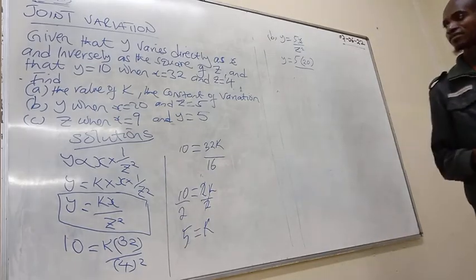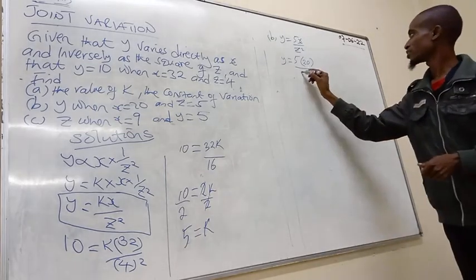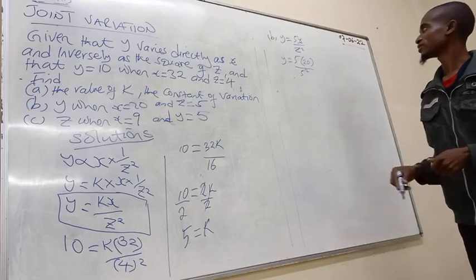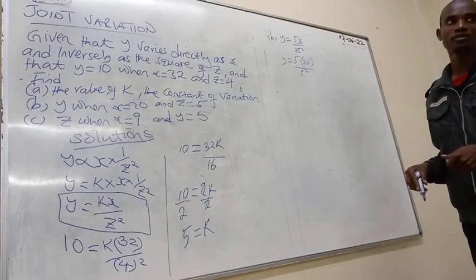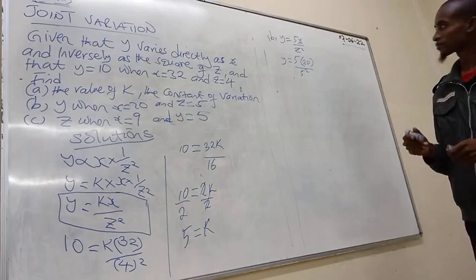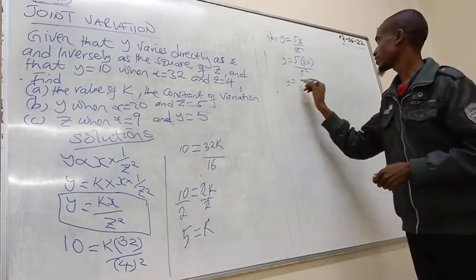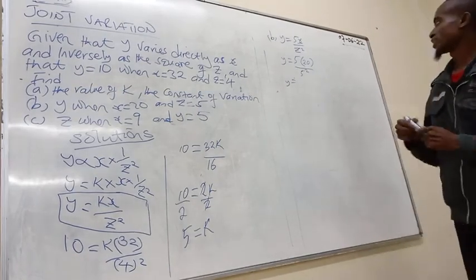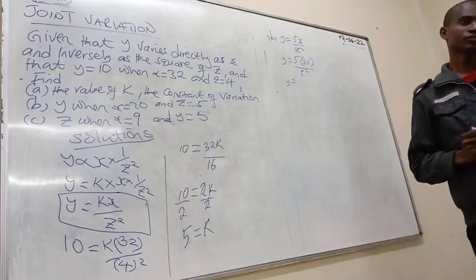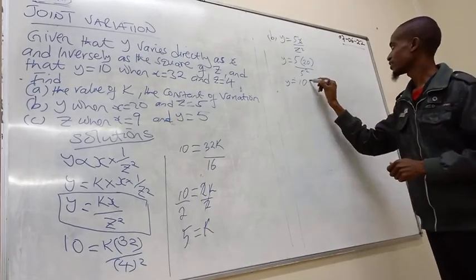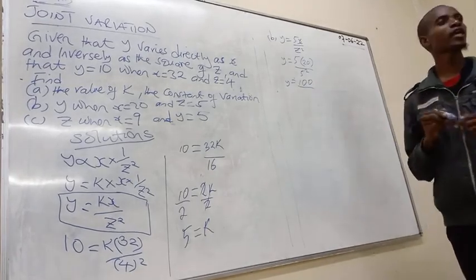Then z is 5, so it means 5 squared. We simplify further. What is 5 times 20? 100. It is 100 over 5 squared.